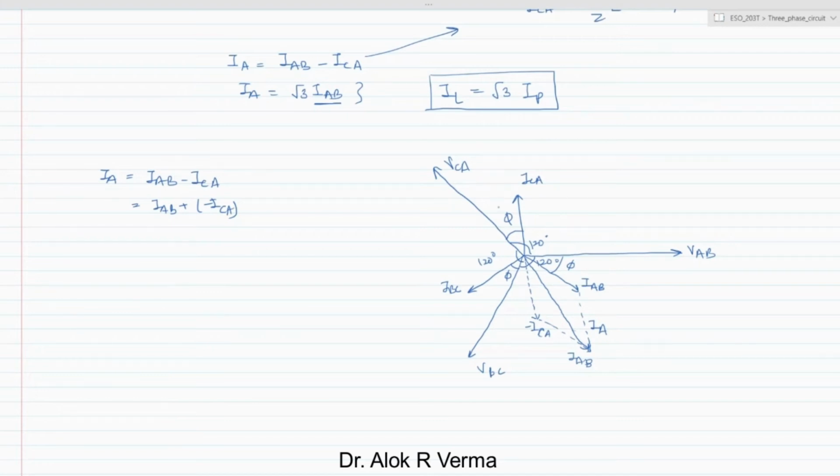Similarly, you can have the other values, phasors.